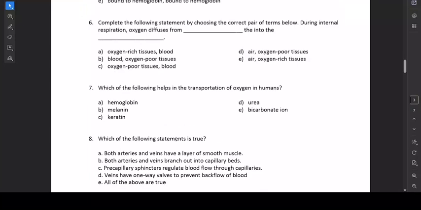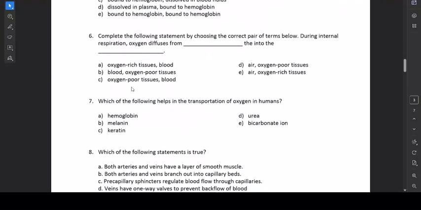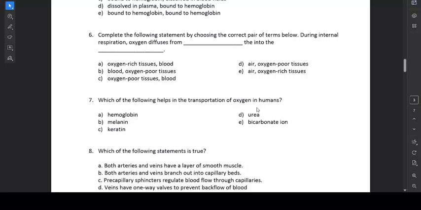Which of the following helps transportation of oxygen? It's hemoglobin. I already gave the answer earlier, but it's hemoglobin. Urea is waste. Bicarbonate ion is just a chemical ion; it can't do anything yet.